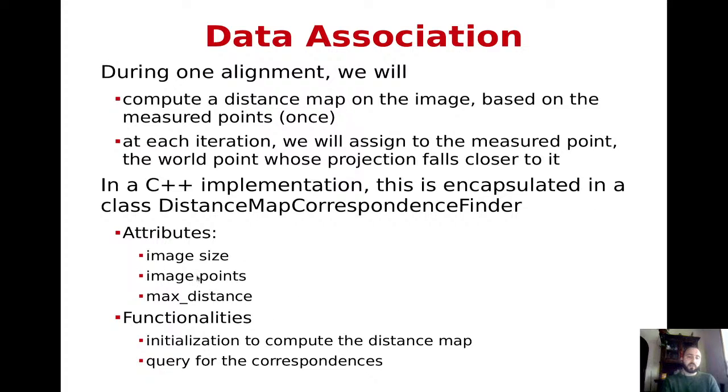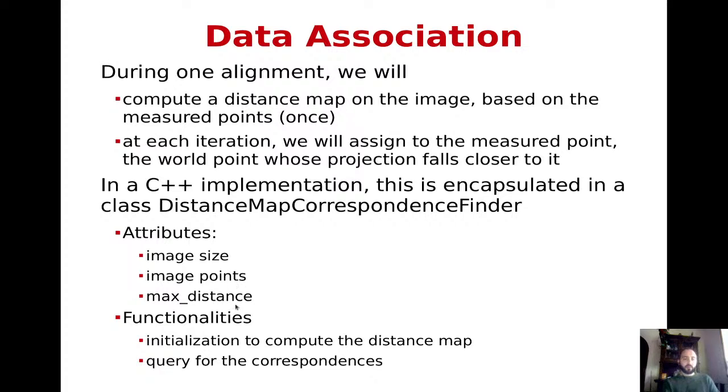The attributes will be the image size, because of course if I'm constructing the distance map over the image, I need to know the size of the image so that I can construct the distance map with the proper size. I need the image points. Those are not really an attribute, I would call them more an input to the module, but let's say it's an attribute.